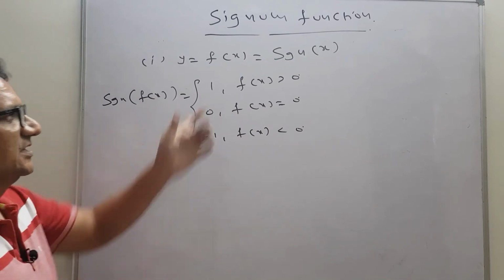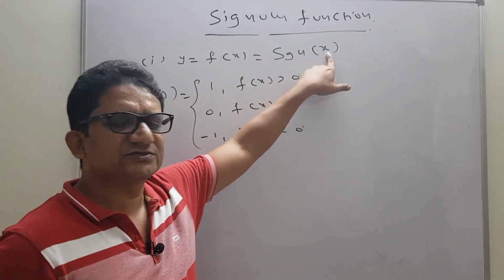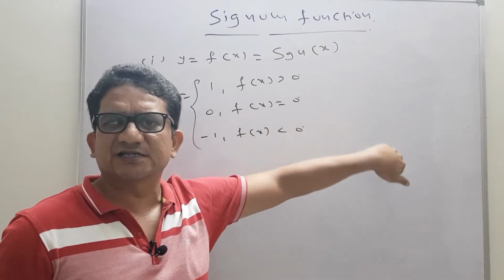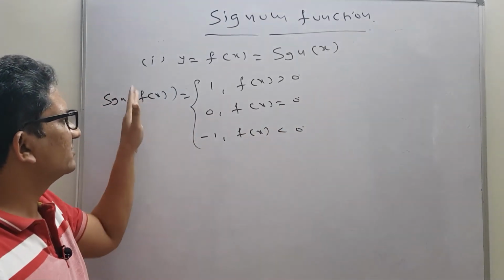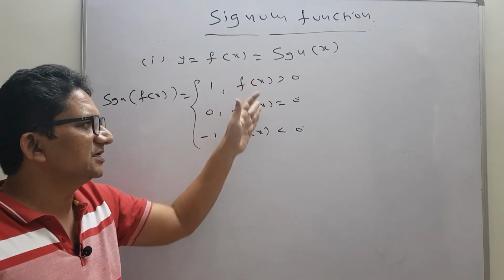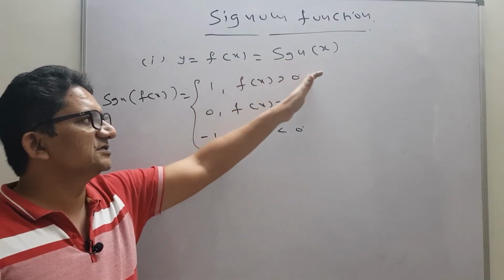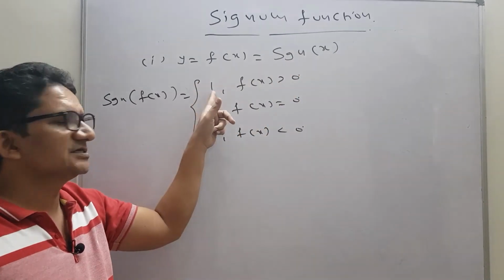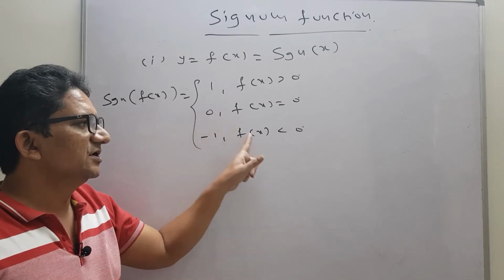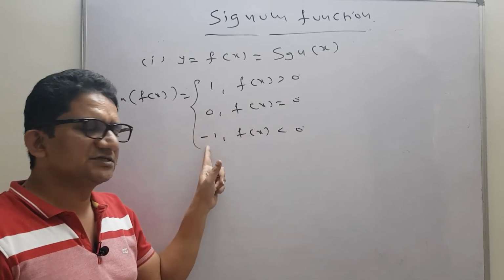In the original definition the function is x only, and we take 3 cases: x greater than 0, x equal to 0 and x less than 0. If you have signum of some function, the output always depends upon these 3 conditions. When f of x is positive, the result is 1. If f of x equals 0, it is 0. If f of x is less than 0, it is minus 1.